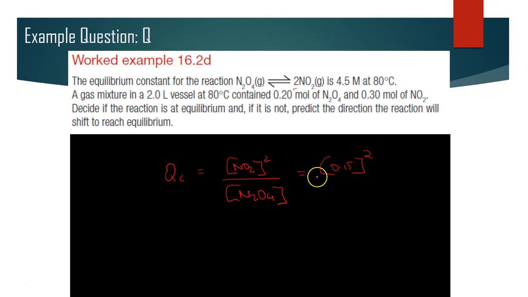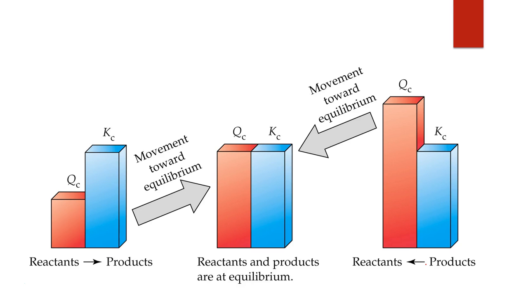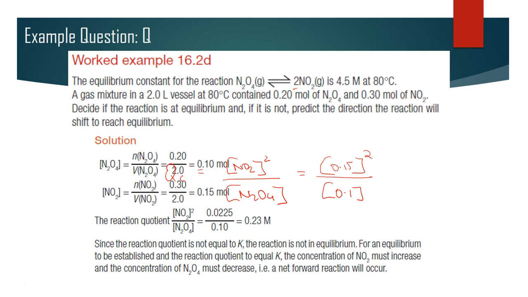Okay, and that's going to be squared, all divided by, we had 0.2 in 2 liters becomes 0.1. Okay, so if we have a look at how that looks, without me writing it all out, we can see that we've worked out the concentration, so this is dividing by 2 to find the molar concentration here, and we get 0.23.